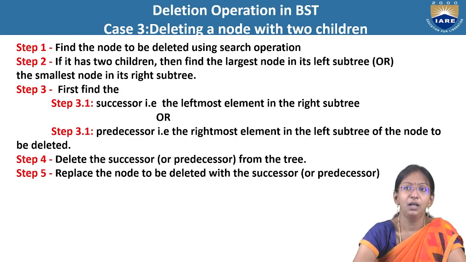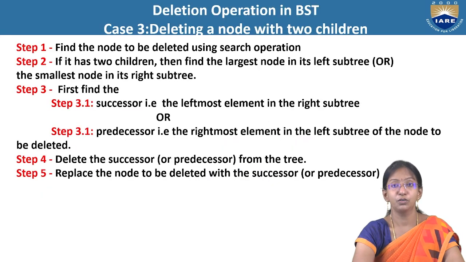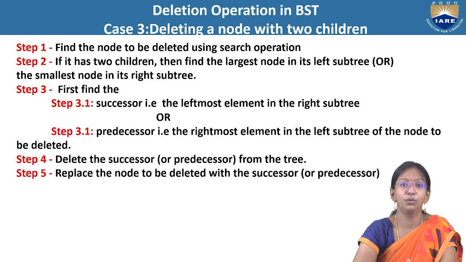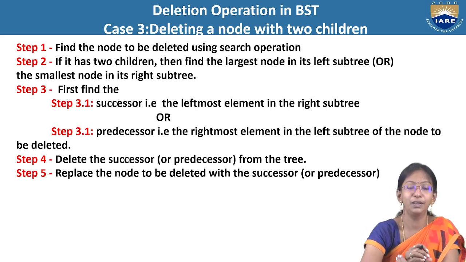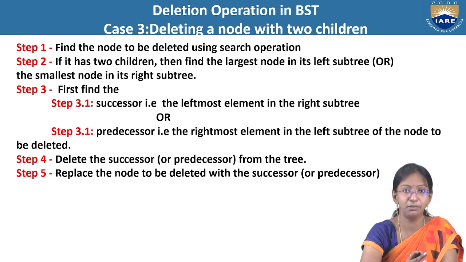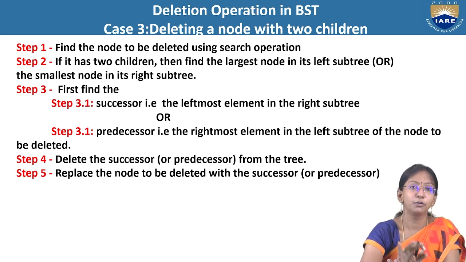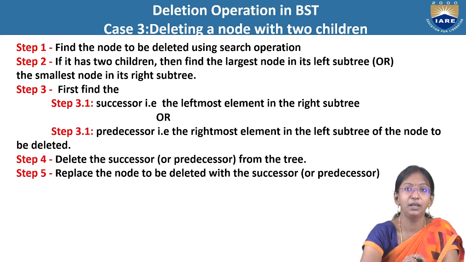Okay, let's look into a case where you are trying to remove a node with 2 children. Yeah, this is a tedious one. Please pay some attention. Okay, so search for an element. And if the element is found and it is having 2 children, you have to adopt one of the steps. One is choose its successor.